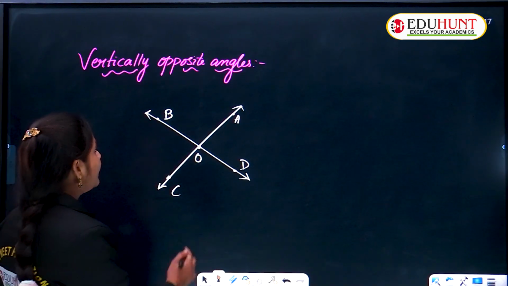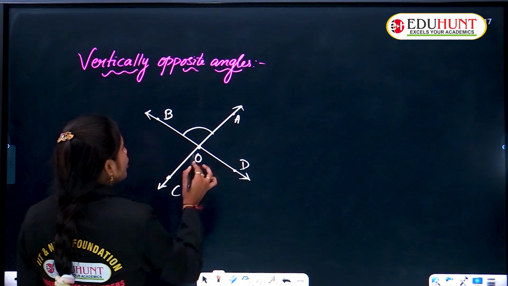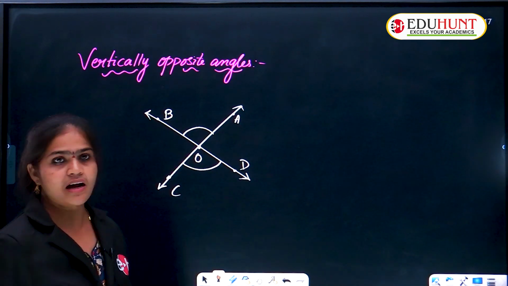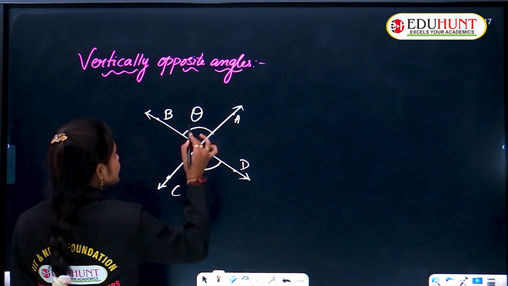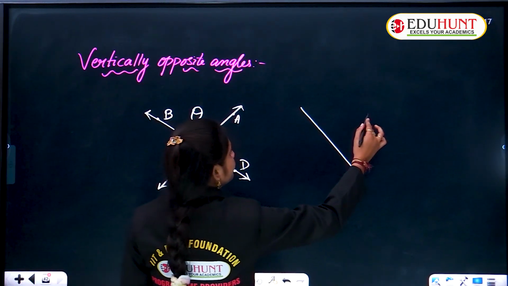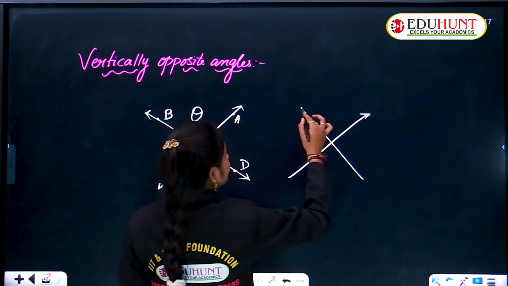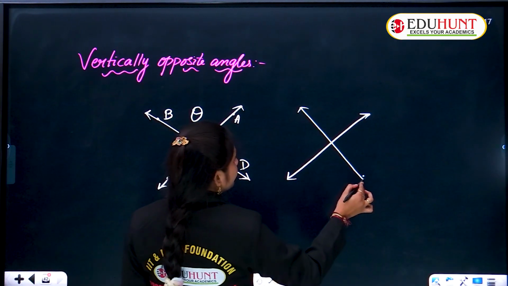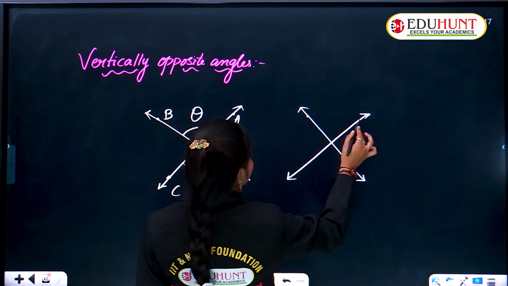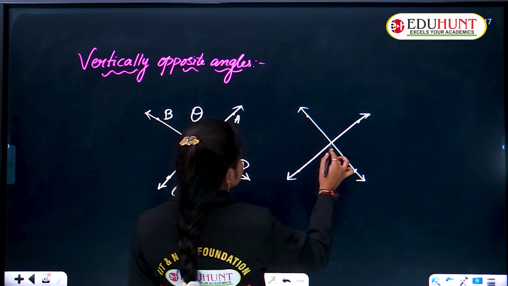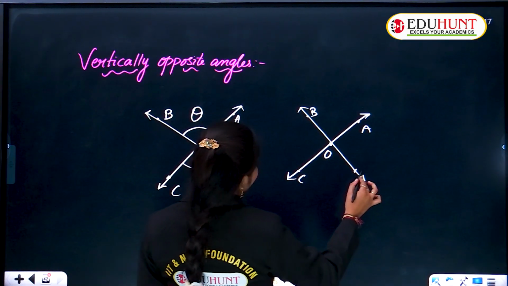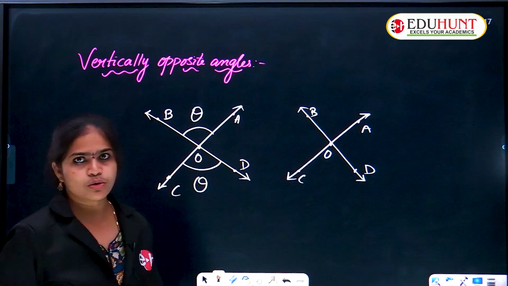Okay, now here are angles formed at non-common arms, which means this is theta and this is theta. And in the same way, okay, here see that this is O, A, B, C, D. Same diagram only, no?